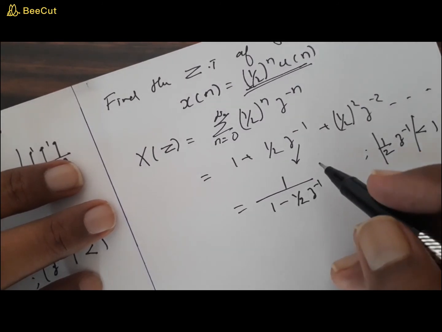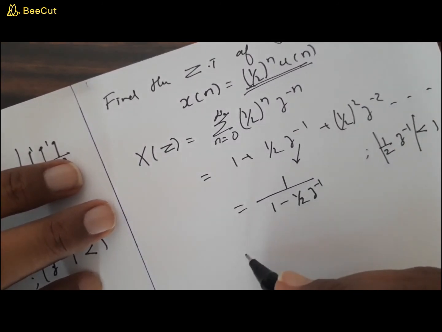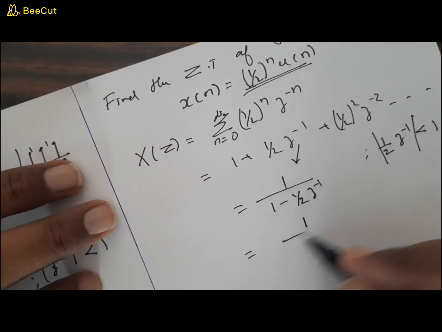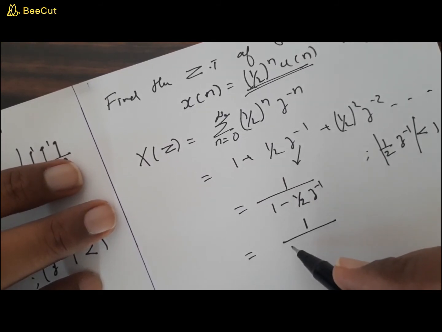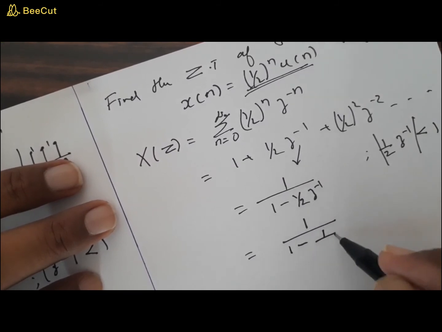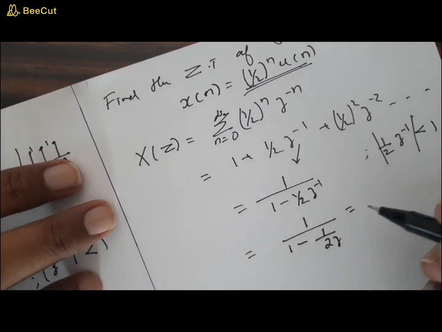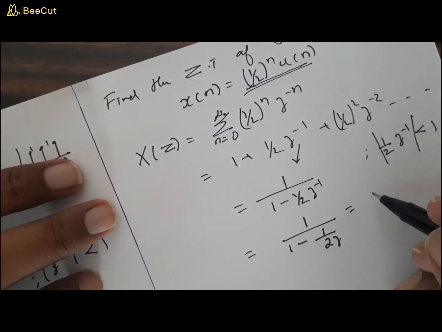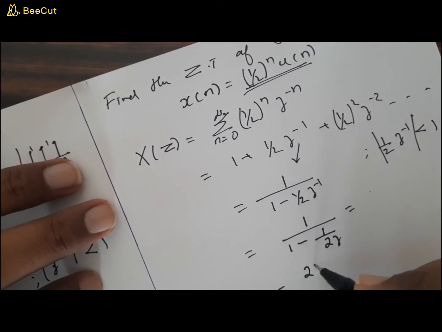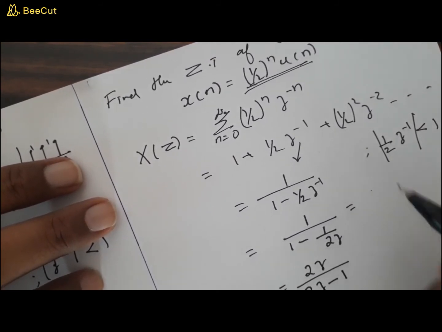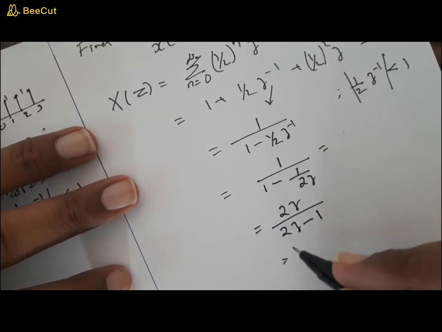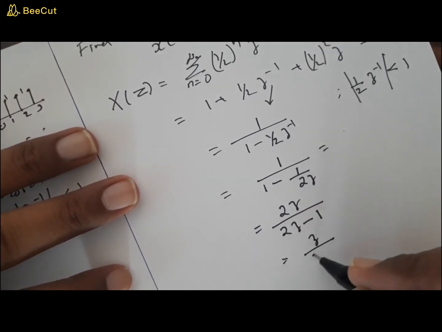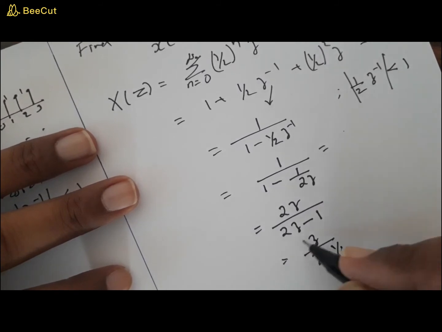So what will this be? This will be 1 by 1 minus 1 by 2z, so this is equal to 2z by 2z minus 1, or in other words, if you take 2 outside, you can write this as z by z minus 1/2.